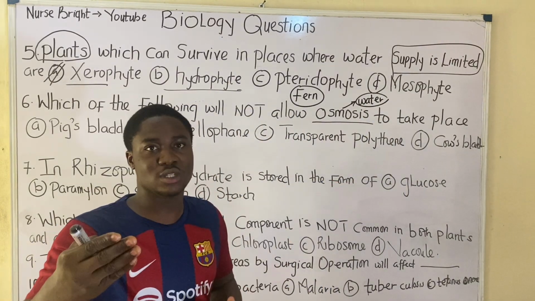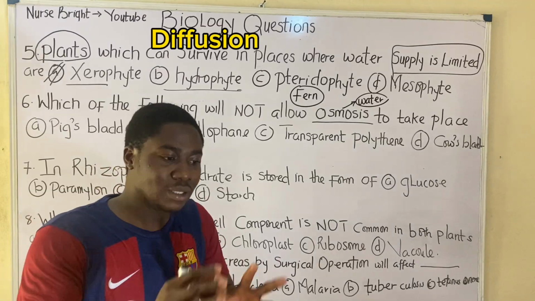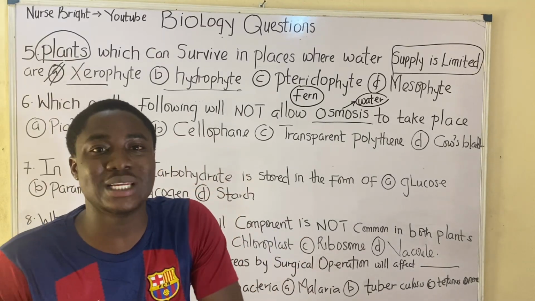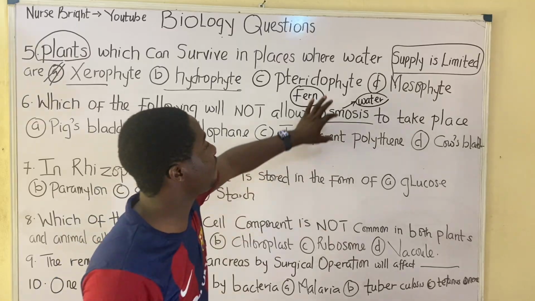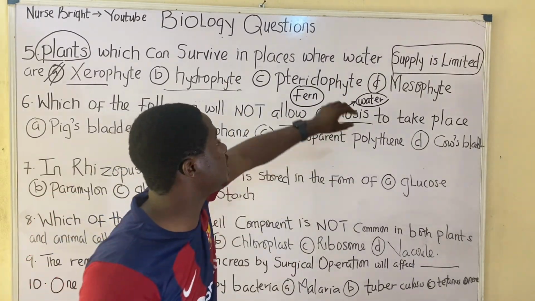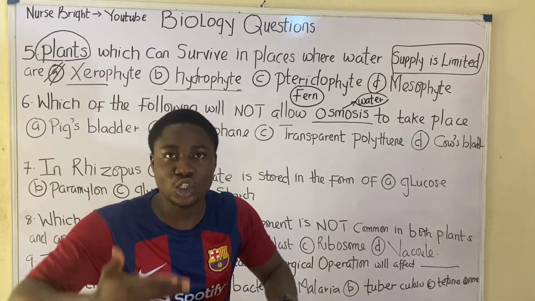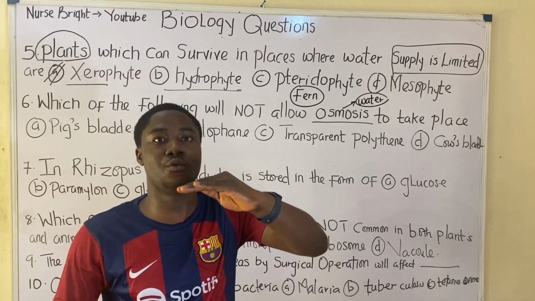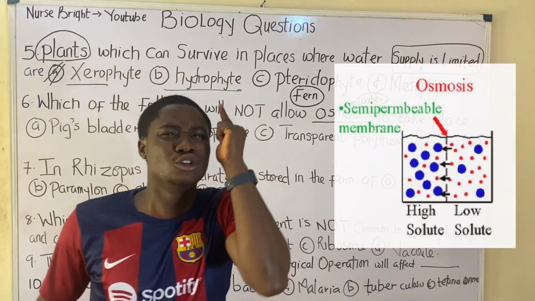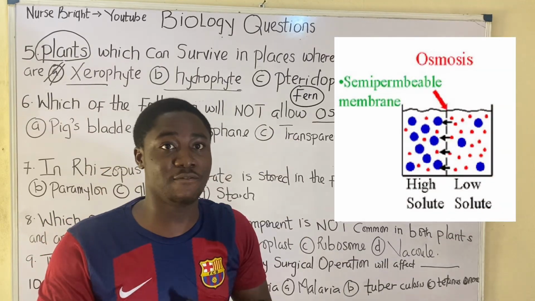Anytime we talk about osmosis, there's another term we always discuss, and it's called diffusion. Diffusion deals with the three states of matter, whereas osmosis deals with just one state of matter, and it is liquid, which is water. So osmosis is the movement of water from a region of lower concentration to a region of higher concentration through a semi-permeable membrane. Listen carefully, I said through what?